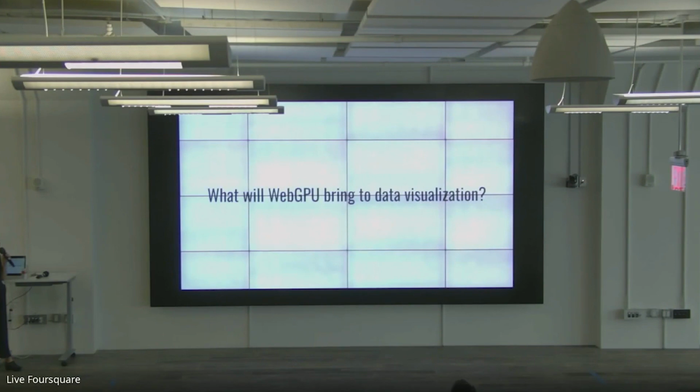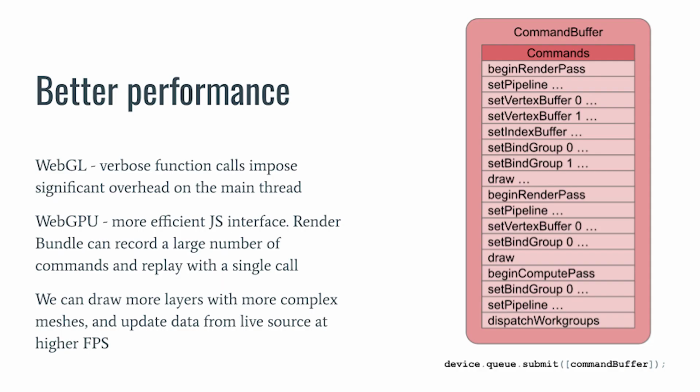So probably what you are most interested in is what will WebGPU technology bring to the data visualization world. Just a few points. WebGPU is supposed to bring better performance because of the way it handles commands. In WebGL, everything is a single function call. Every time you set a uniform, which we have probably over 100 in a typical layer, it is an API call.